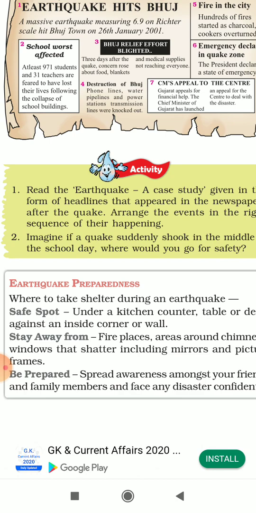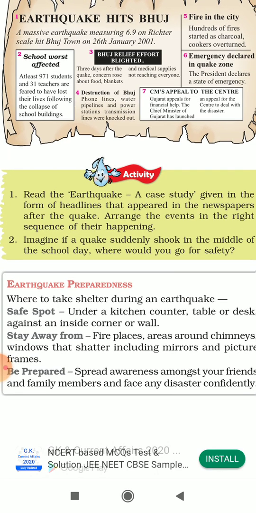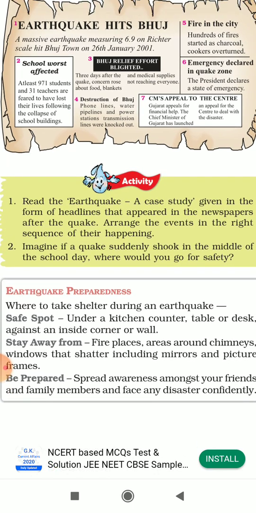Stay away from fireplaces, areas around chimneys, windows that shatter, including mirrors and picture frames. And next, spread awareness amongst your friends and family members and face any disaster confidently.